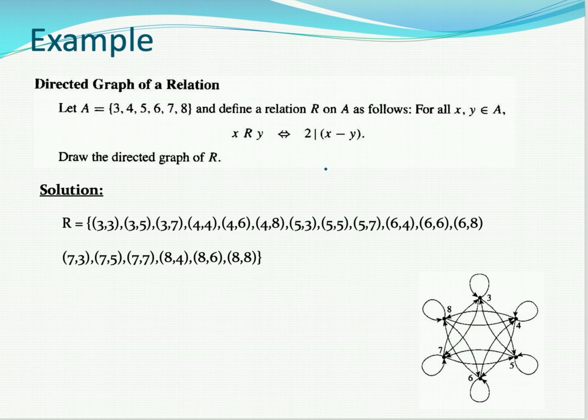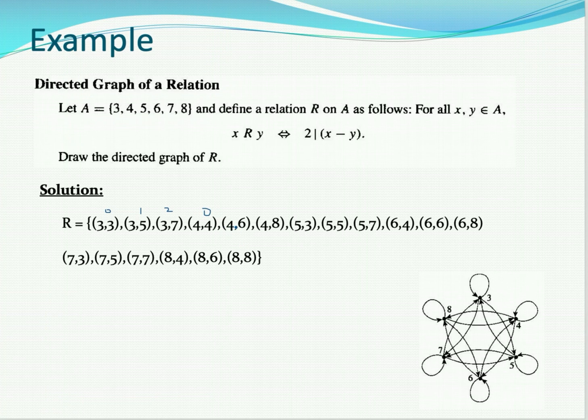So in this case, 2 divides 3 minus 3, which is 0. So you will get 0, fine. And then this one you will get 1, right? So 5 minus 3 is 2, so 1. This is 0, this is 1. This is, I believe, 7 minus 3 is 4, so this is 2. This is again 0.